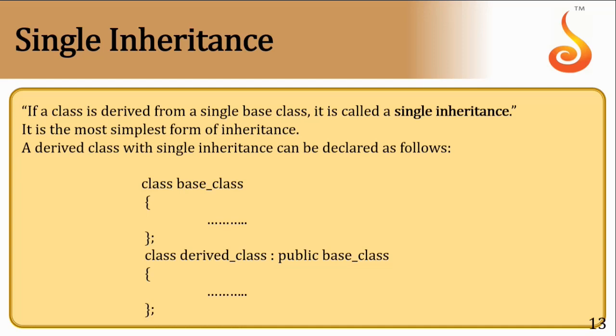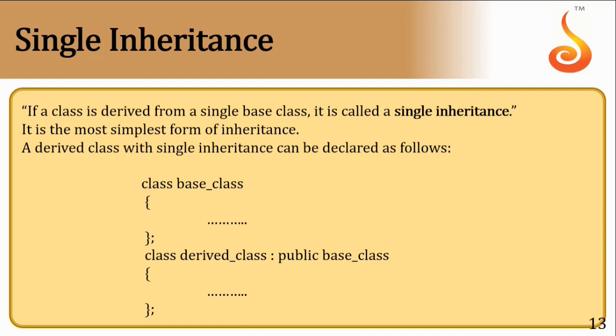A derived class with single inheritance can be declared as follows. First you should have a base class, then only you can create a derived class. If you don't have a base class, you cannot create a class from that.